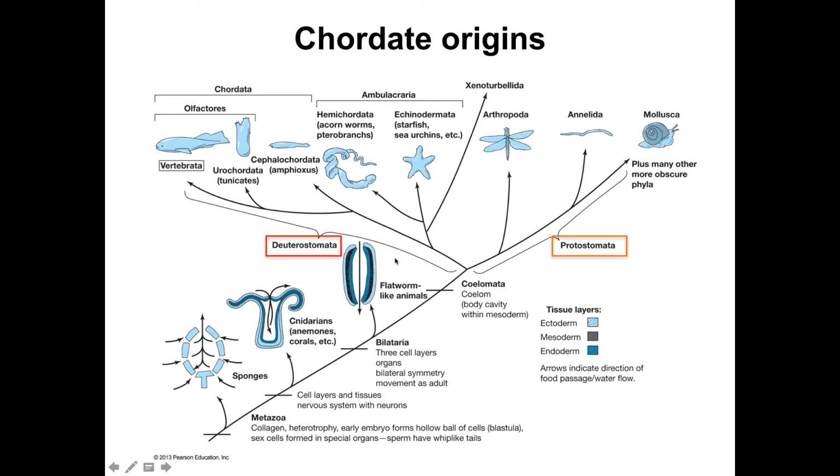But where does the phylum Chordata fit among other animals? So the chordates are one of around 30 animal phyla. Outside of the chordates, we vertebrates are most closely related to echinoderms, which include starfish, sea urchins. So you're more related to starfish and sea urchins than you are to any insect, worm, or mollusk.